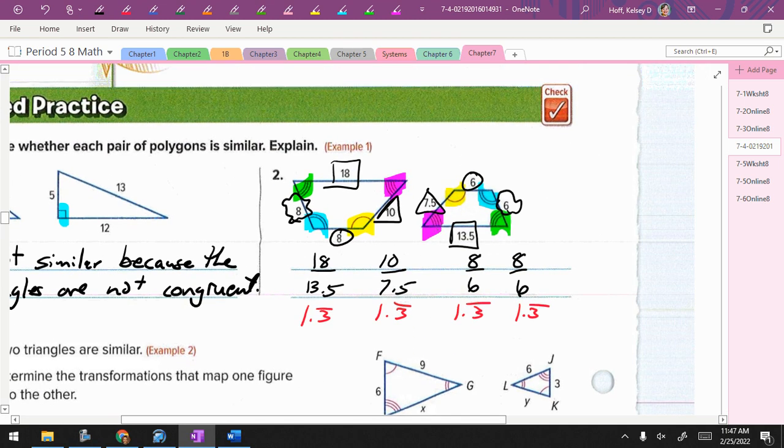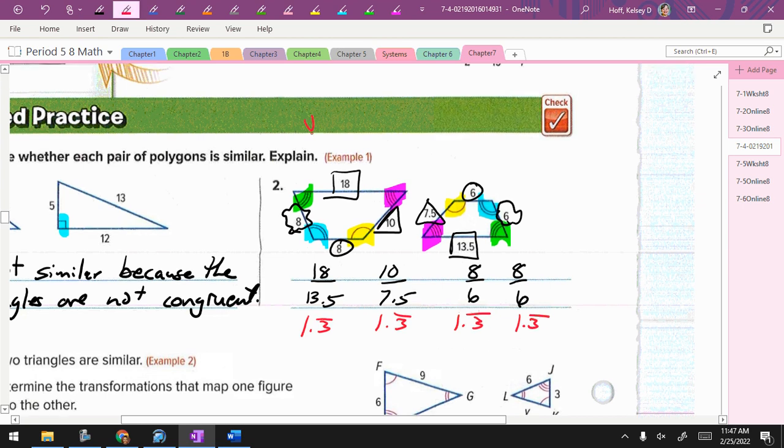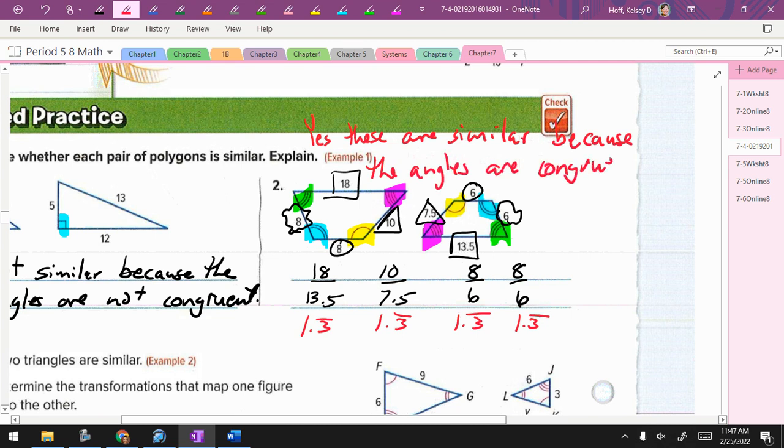Get ready to write a paragraph. They told me this is like writing a paragraph. Yes, these are similar because the angles are congruent and the sides are proportional.